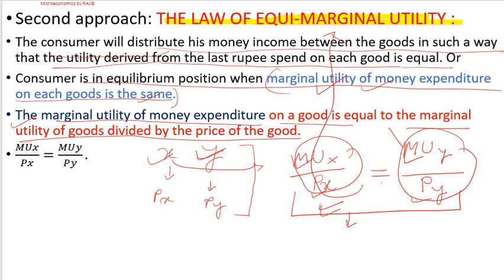This approach is completely called the law of equimarginal utility.